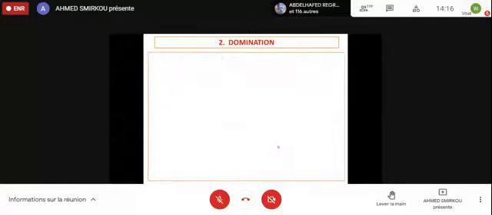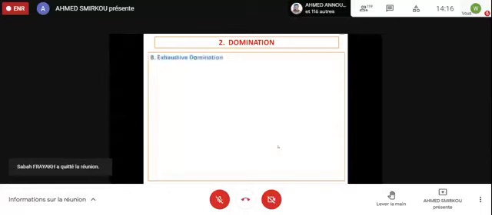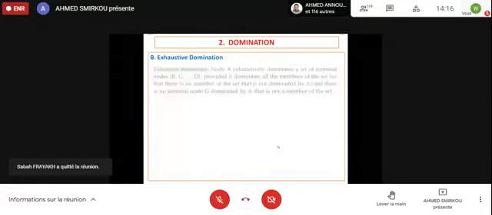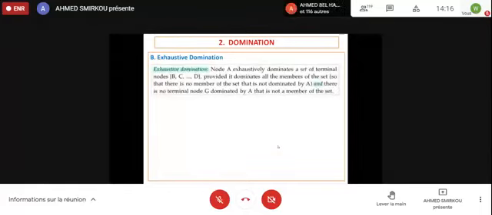Now domination is clear, so we need to introduce two main concepts in domination. Exhaustive domination first. Notice that the technical definition is always complicated, but once we use a tree as an example, it's very simple. So let's start with the definition.